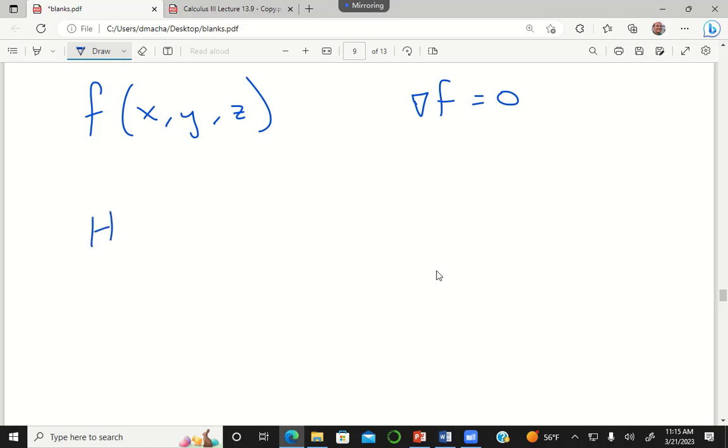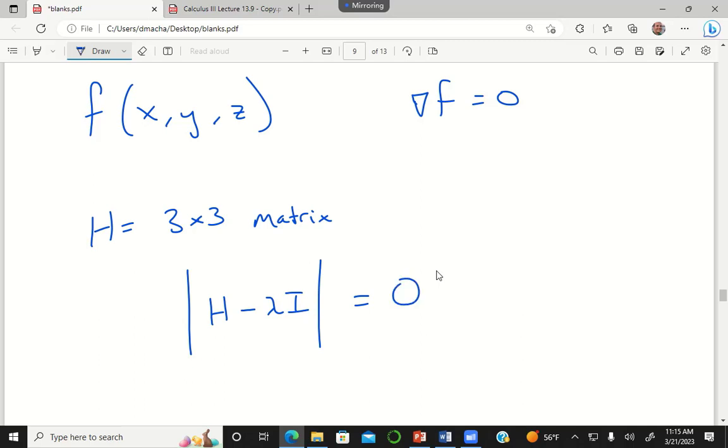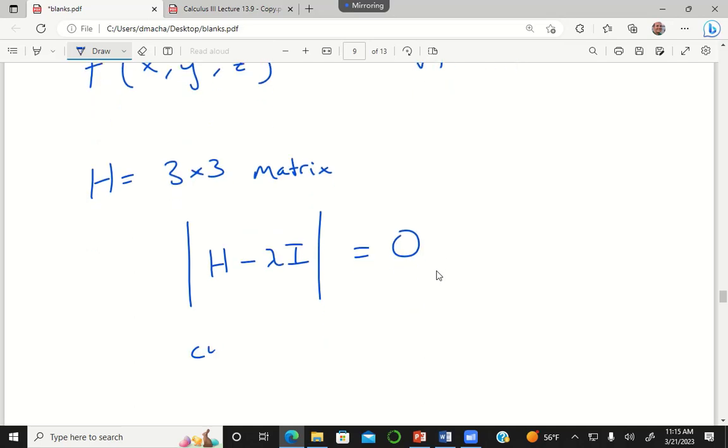Then your Hessian matrix would be a 3 by 3 matrix with all of the second partial derivatives. And then you would take the determinant of the matrix H minus lambda I, and you would set that equal to 0. And when you actually do this determinant calculation, the result is going to be a cubic equation.